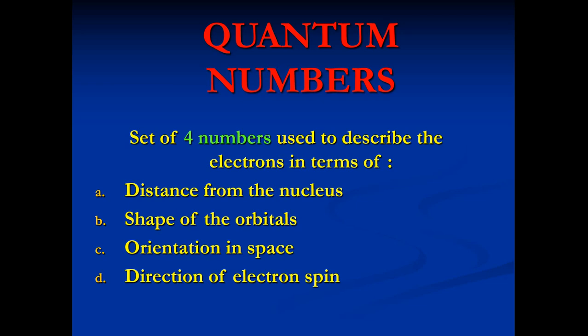So these quantum numbers define the distance of the electrons from the outermost shell to the nucleus. And number two, they also define the shape of the orbitals, the orientation in space, and the direction of electron spin. So we are now going to look at them one by one.